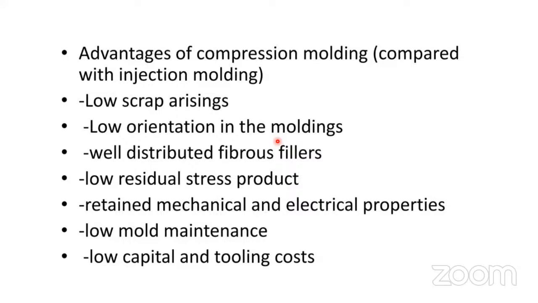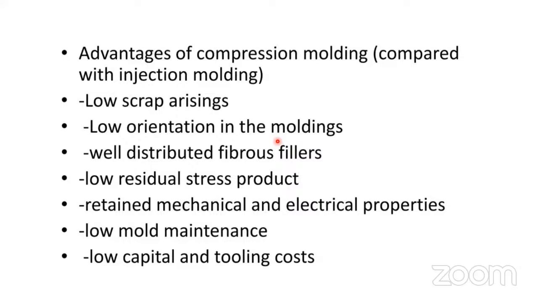If you see the injection molding process, the material passes through the barrel and screw action, nozzle, sprue, runner, gate, and into the mold.